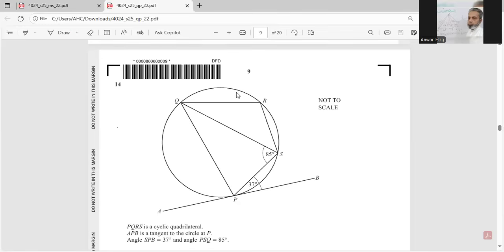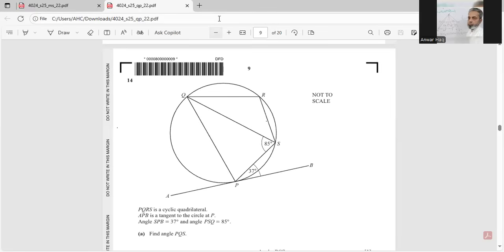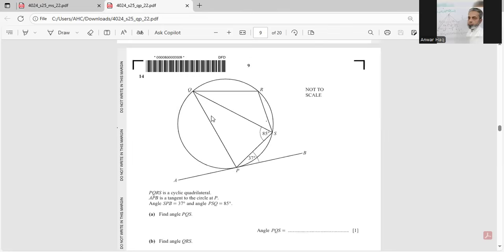I would like to zoom in on this paper for the whole question. First part is find the angle PQS. So for angle PQS, this angle is required. PQS is required. This is PQS.